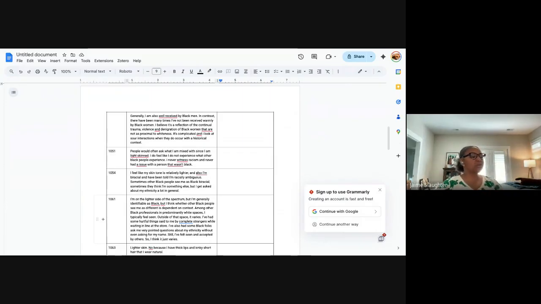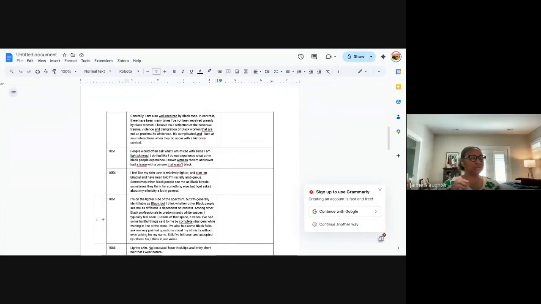Then we divided all of the coded comments up by the skin tone category the participant reported, and looked at how frequently certain themes popped up.